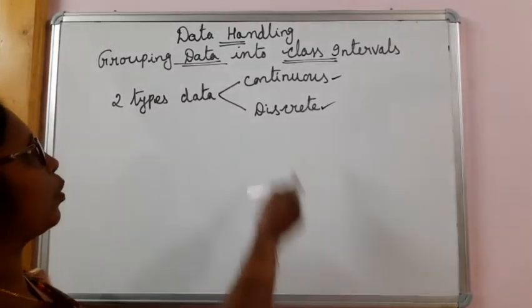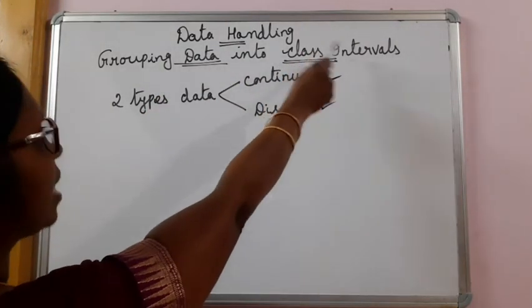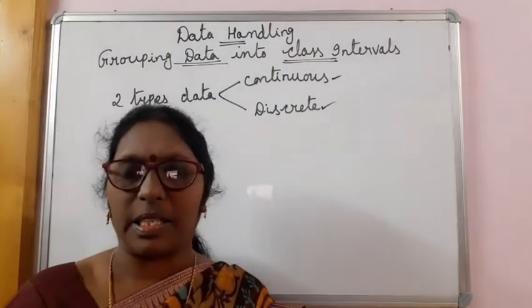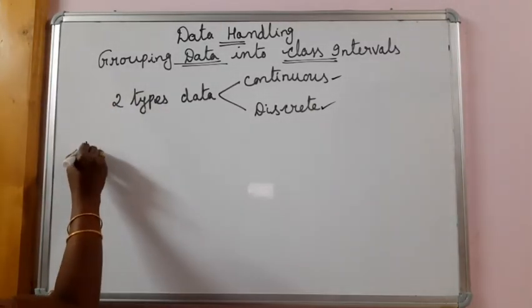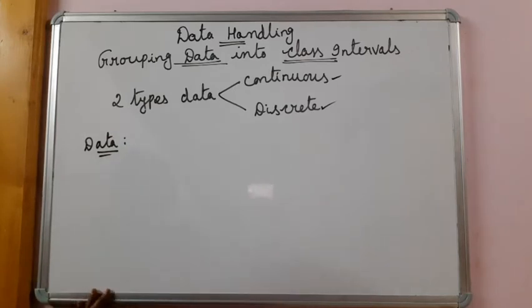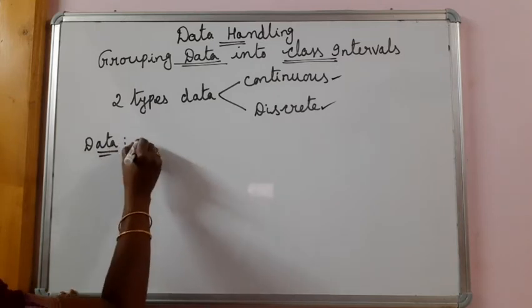Now let us come to what are class intervals, how to group the data into class intervals. Suppose the given data is the marks secured by some 15 or 20 students of a class. Let me give you the data.